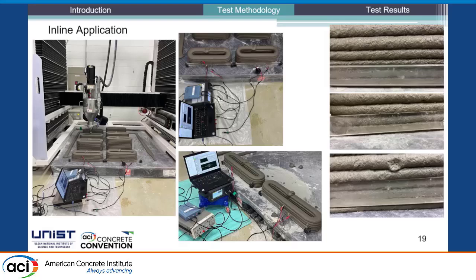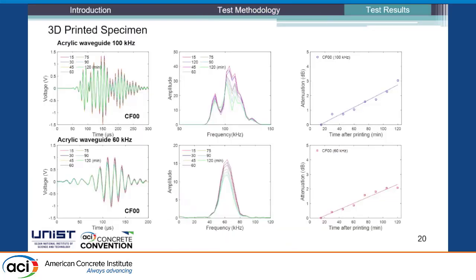And this is the test result we have. The test results from the previous slides were from cast specimens, and this was from a printed specimen. From the printed specimen we have a good amount of attenuation, and we can still correlate it with the green strength.